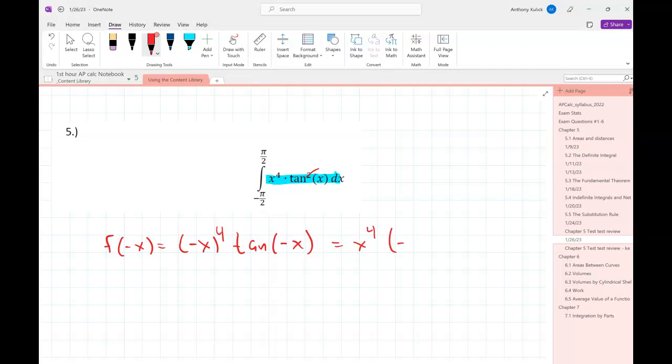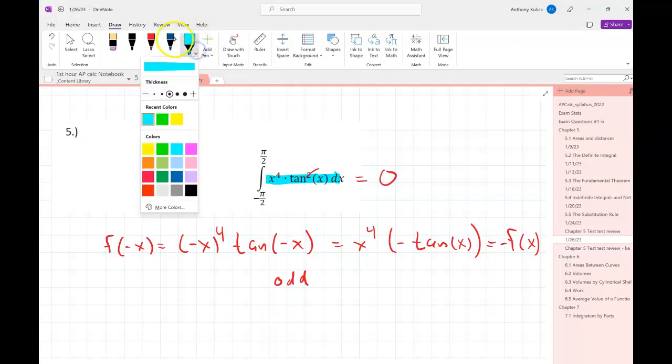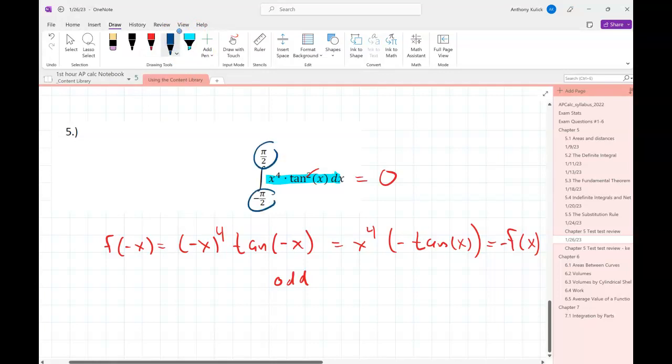Tan of negative x, the odd even identity, says that's negative tangent. So I end up with negative f of x. So this is odd. Since it's odd and the upper bound and the lower bound are opposites, I know it integrates to 0. So it just boils down to showing that it's odd, is all I needed to really do.